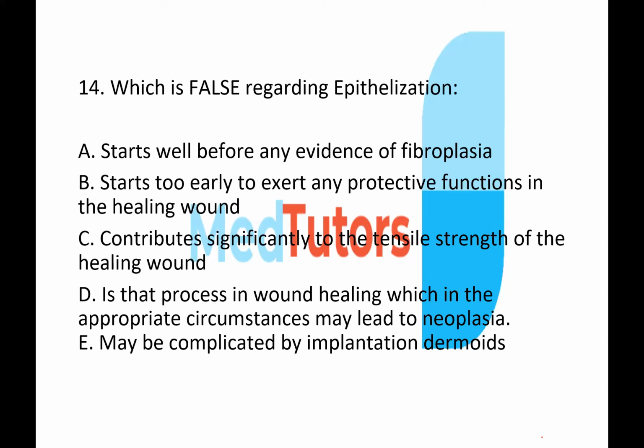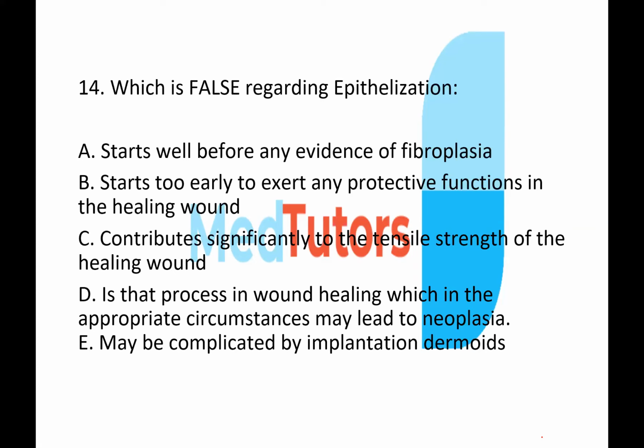So B is correct. Contributes significantly to the tensile strength of wound healing is false. It doesn't. D: is that process in wound healing which in the appropriate circumstances may lead to neoplasia.